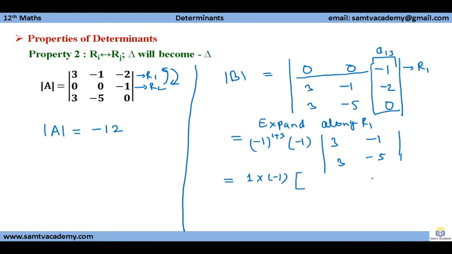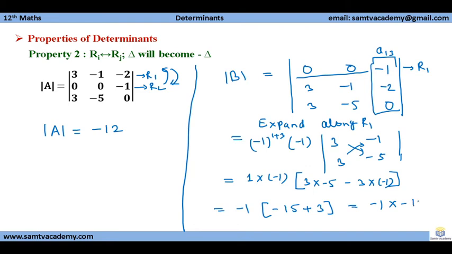Now we will solve this. That is 3 into minus 5 minus 3 into minus 1. Like this, principal diagonal and another diagonal. So here it is minus 1, and 3 5s are 15 plus 3. So we solve this: minus 1 into minus 12.